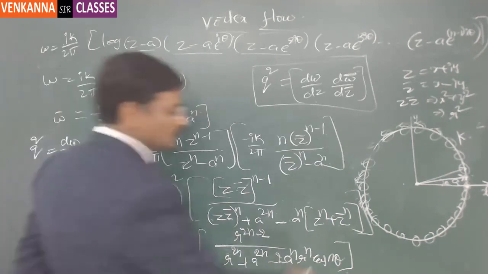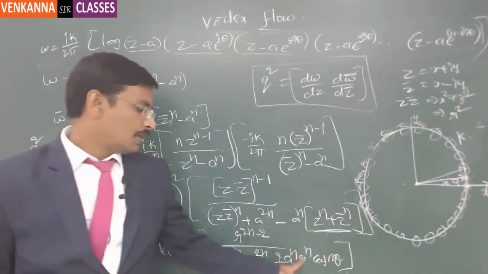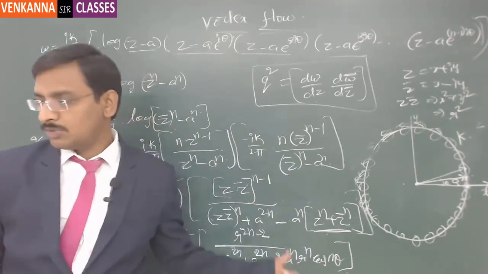I hope everybody understood this. z^n + z̄^(−n) is equal to 2 times r^n cos nθ. If not, I am going to explain.